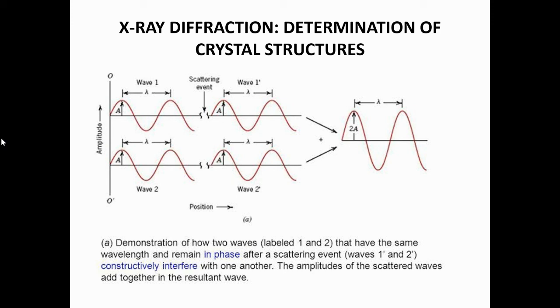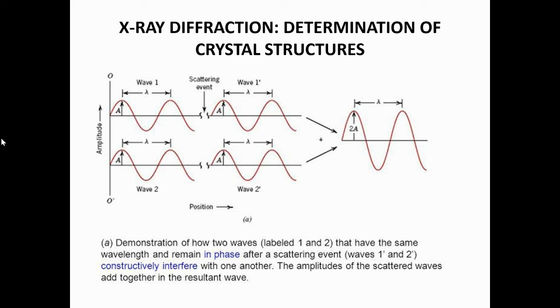So the possible result is that when the waves are scattered, the path length difference is an integral number of wavelengths. So as you can see, after scattering, wave 1 dash and wave 2 dash are still in phase.